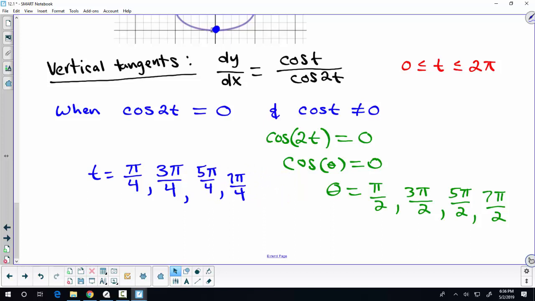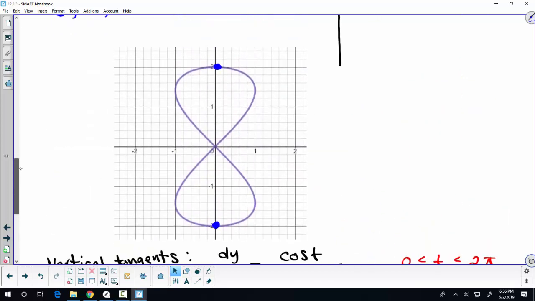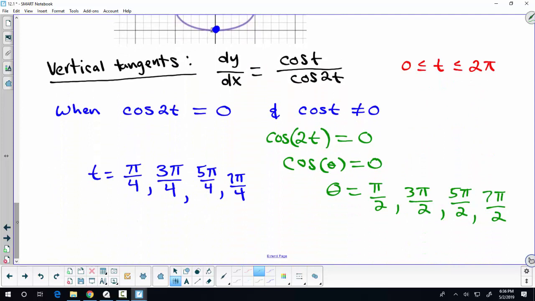Everybody all right with that? And if we use the figure provided as a reference, you see that makes sense because here at all of these points on the edges, we have our vertical tangents. So now we just need to see what points those actually are.